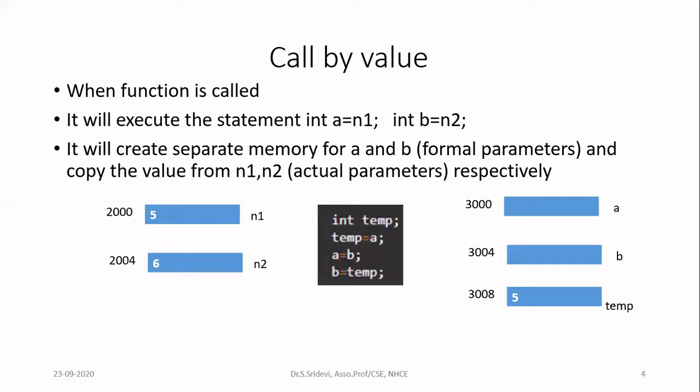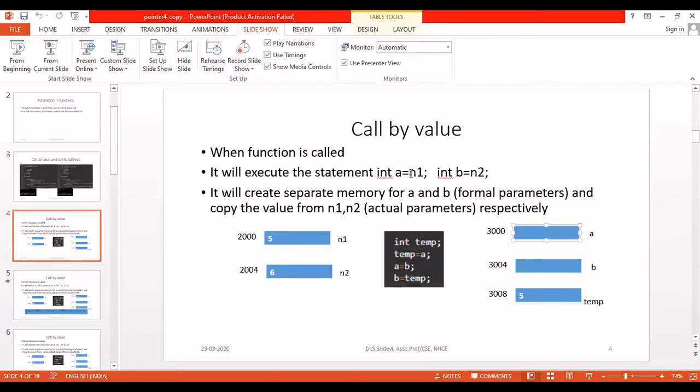So here I am assuming that it has allocated 4 bytes starting with the address 3000. Now the statement int a is equal to n1 will copy the value from n1 and store it in the variable a. Whatever is the value of n1, here the value of n1 is 5, that 5 will be copied in a.